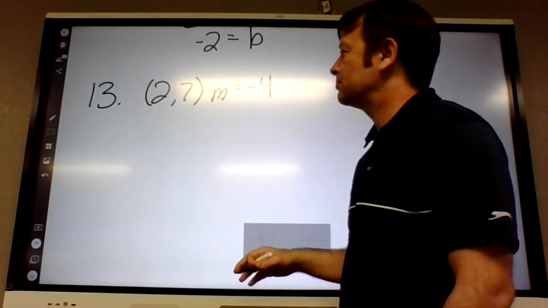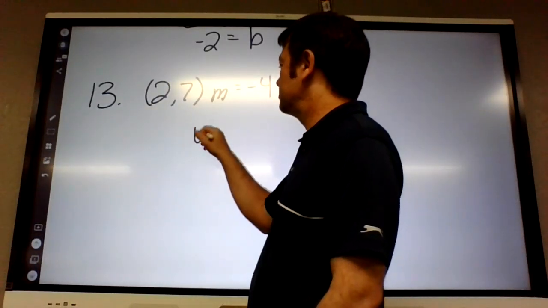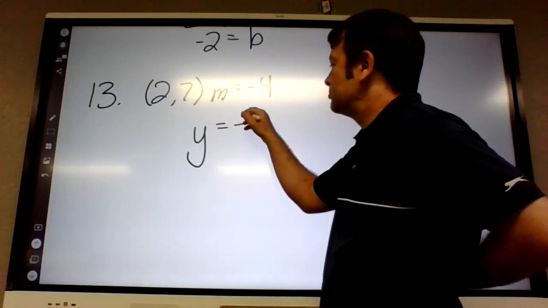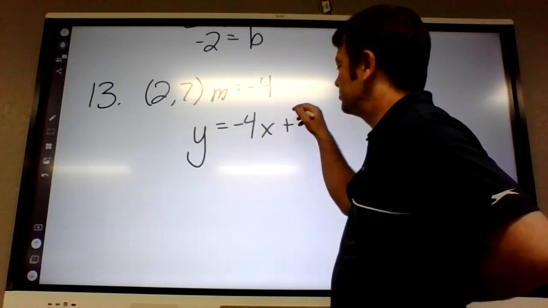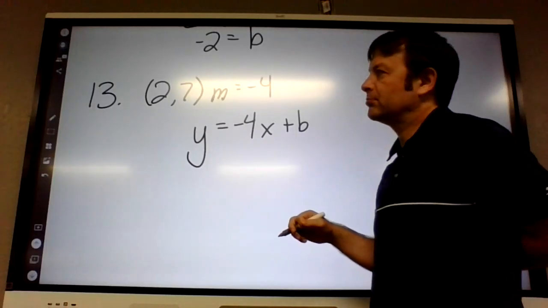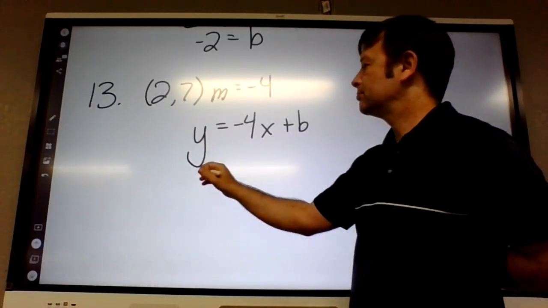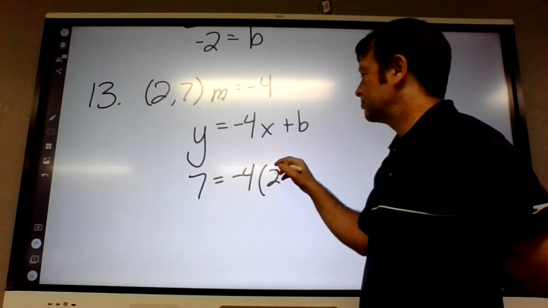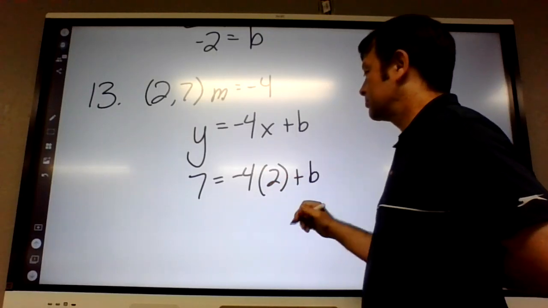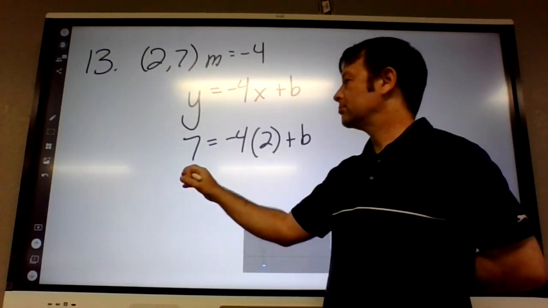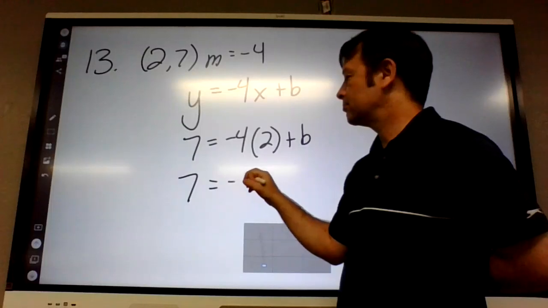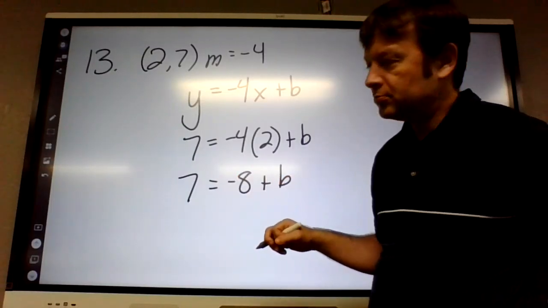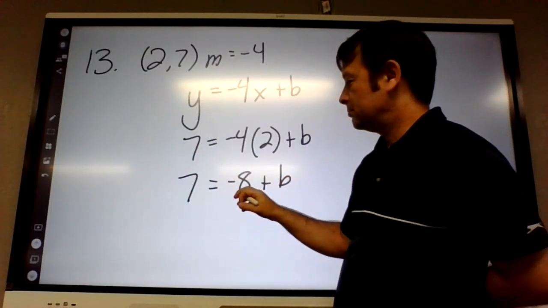So, y equals negative 4x plus b, and then 7 equals negative 4 times 2 plus b, and then 7 equals negative 8 plus b, and then subtract negative 8, or add 8.